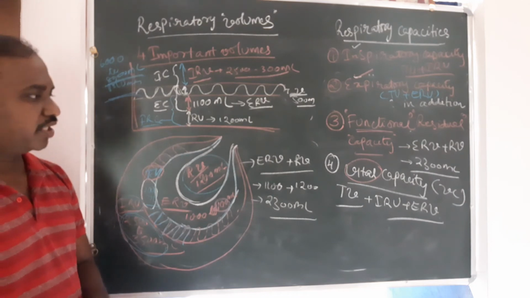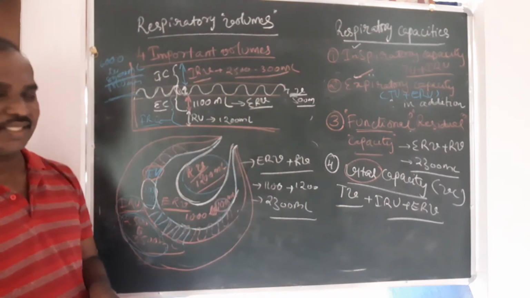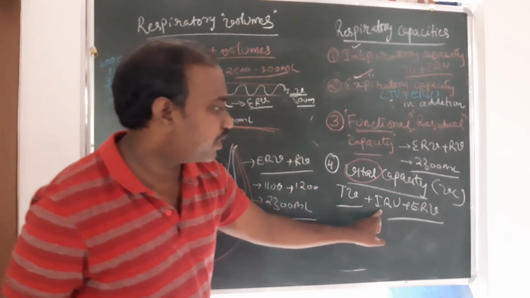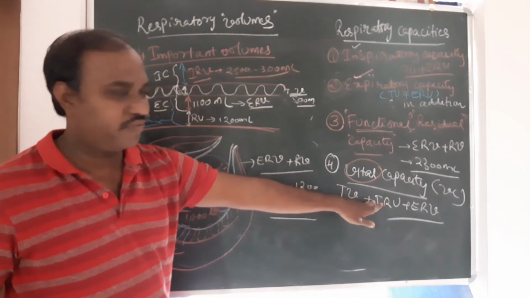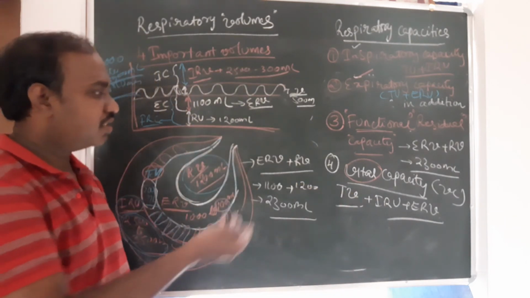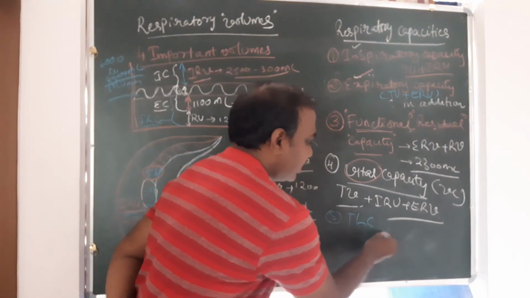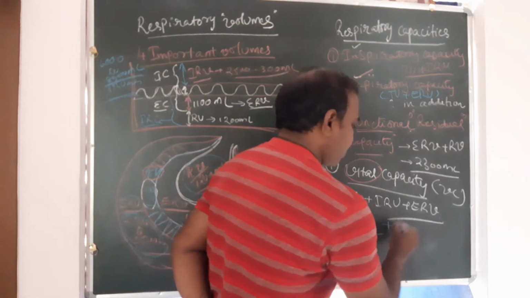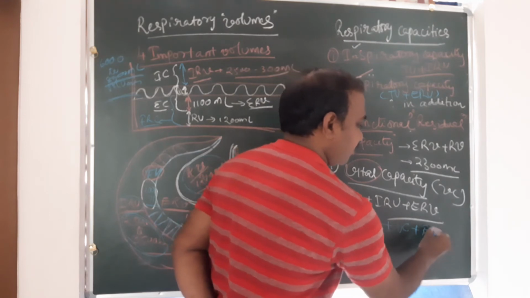The volumes included in the vital capacity are tidal volume, inspiratory reserve volume, and expiratory reserve volume. Very easy. And the next one is the total lung capacity, TLC. This is also very easy. Total lung capacity is vital capacity plus RV.